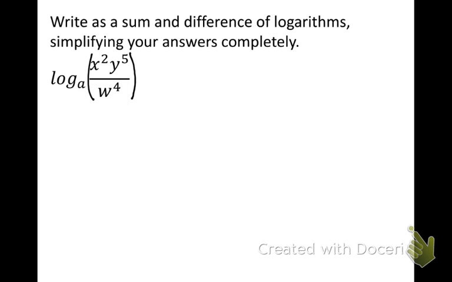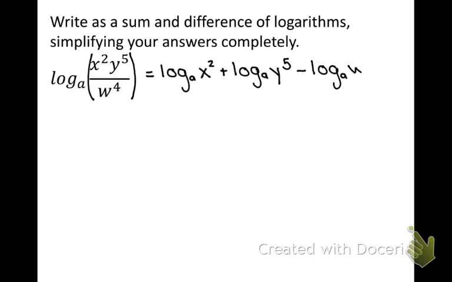So when I break these apart into separate logarithms, that argument is going to end up being a logarithm that is subtracted. So check out what I end up with here. I have log base a of x squared plus log base a of y to the fifth minus log base a of w to the fourth. Notice that that base stayed the same all the way through.